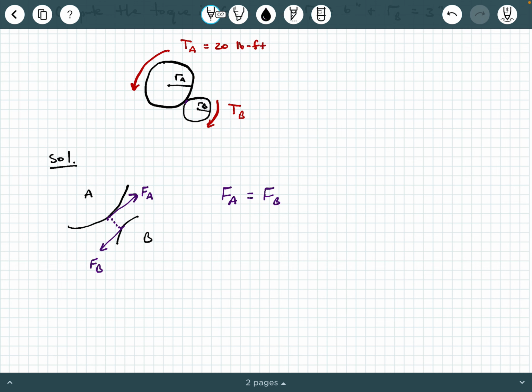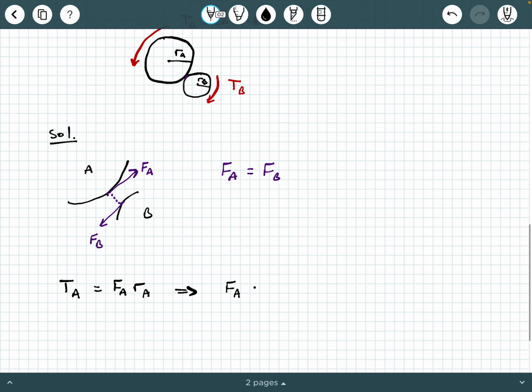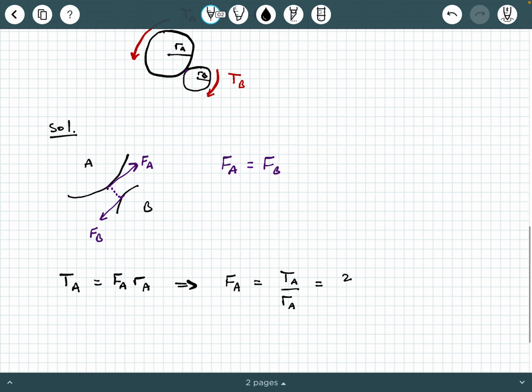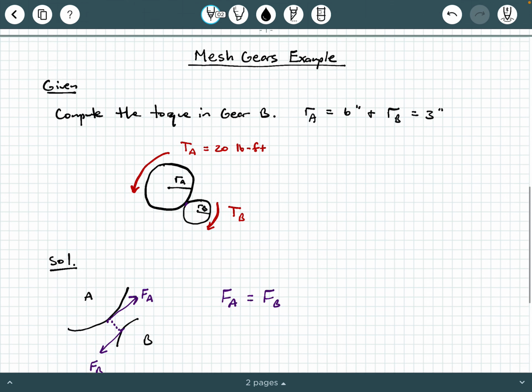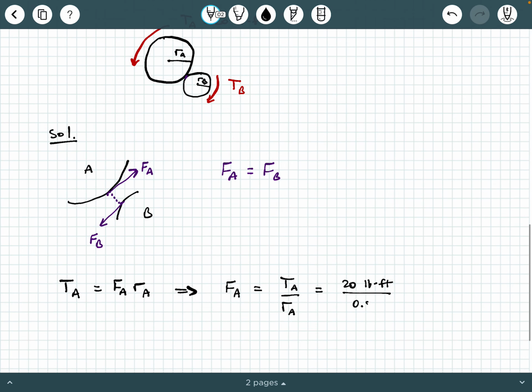So we're going to write here the torque at A is the force of A times the radius of A, which means we can rearrange this and we can say the force at that point of contact in gear A is going to be equal to TA over RA, the radius of A. So we're going to say that that's 20 pound-feet, and we're going to divide that by the radius of A, which was 6 inches or half of a foot. And what do we get here? We see the feet cancel, and we get a force, as you can imagine, 40 pounds, okay?